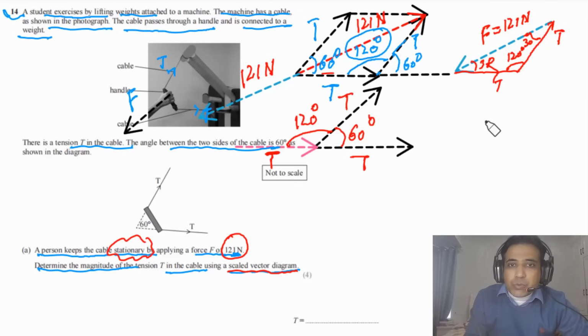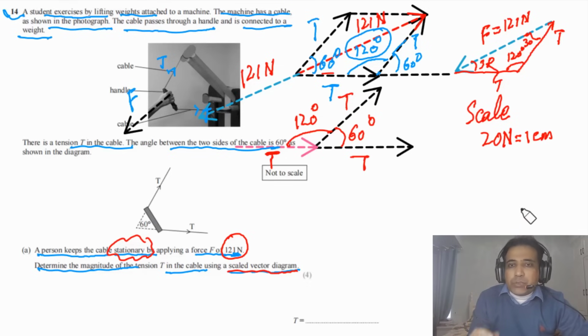The first thing we need to do is choose a scale. In this case F is equal to 121, so we can say 20 newtons represents 1 centimeter.